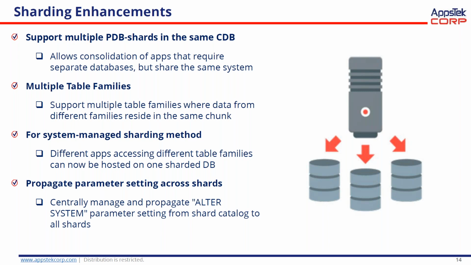It is a system-managed sharding method which is now introduced in 19c. Different apps accessing different table families can now be hosted on one sharded DB. Another new feature is that parameters can automatically propagate across the shard databases. It's centrally managed, and it propagates the alter system parameter setting from the shard catalog to all shards.